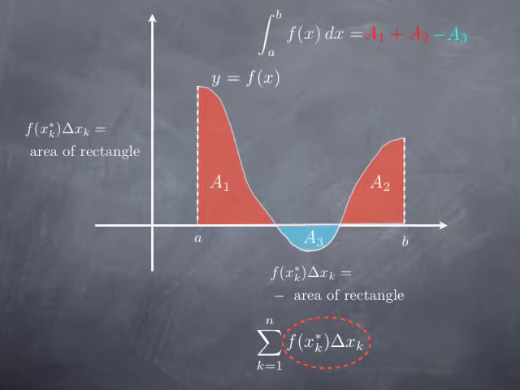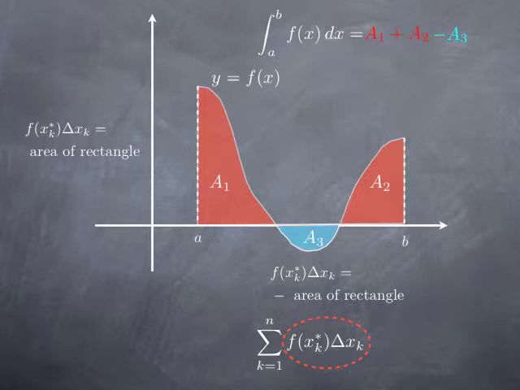As a result, when we go to the limit, what we're going to obtain is that the geometric interpretation of the integral from a to b of the function is the signed sum of the areas between the graph of the function and the x-axis, where the areas that are above the x-axis are counted positively, in our case a1 and a2 in red, areas enclosed between the graph of the function and the x-axis where the function is positive.